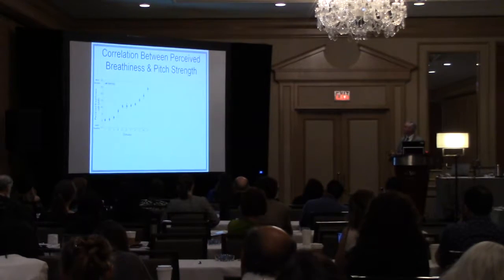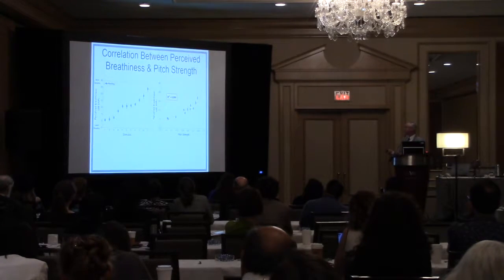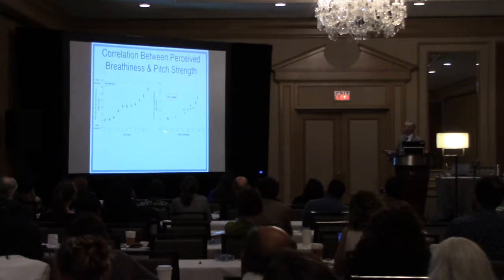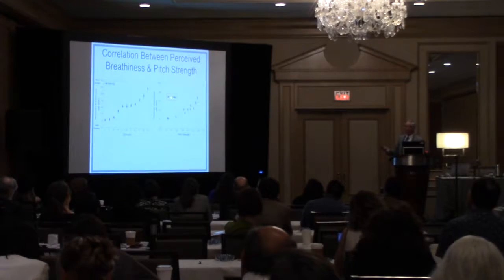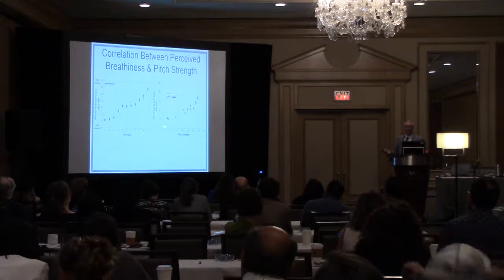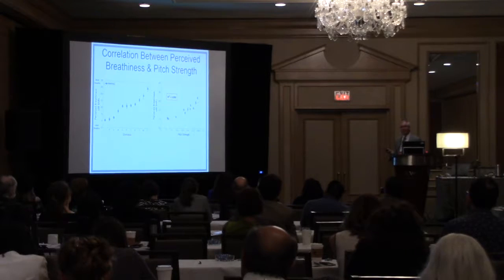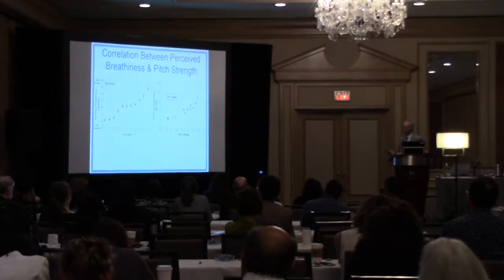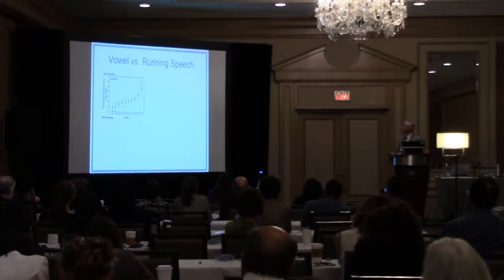Here we have the original matching data I showed you on the previous slide. Here are the predictions of the perceived breathiness of these 11 voices with an estimate of pitch strength from a mathematical model. And you can see we can predict 87% of the variance in the perceptual data by doing that. I would argue that it's very difficult to make that good of a prediction with any simple transformation of the acoustic signal. So I know I'm red here. Let me move forward; the same thing works in running speech.